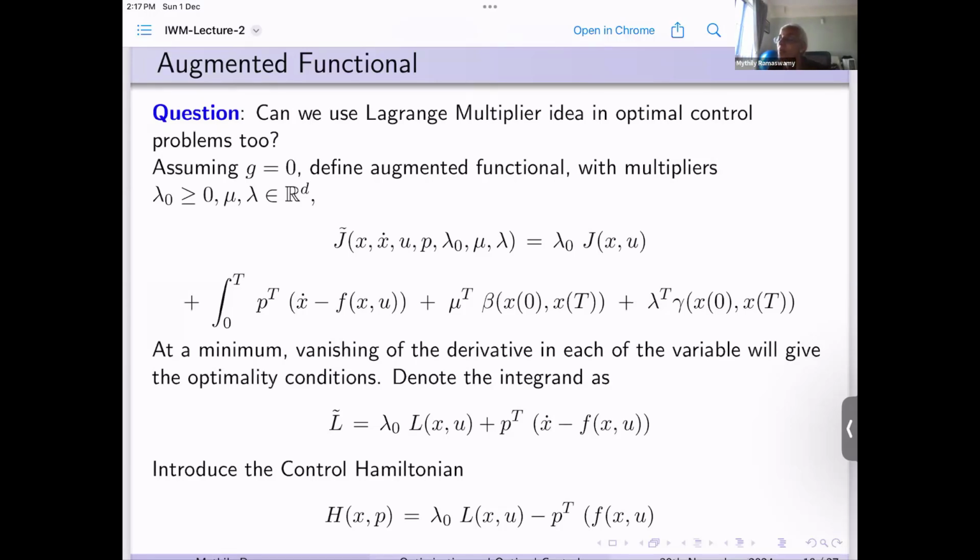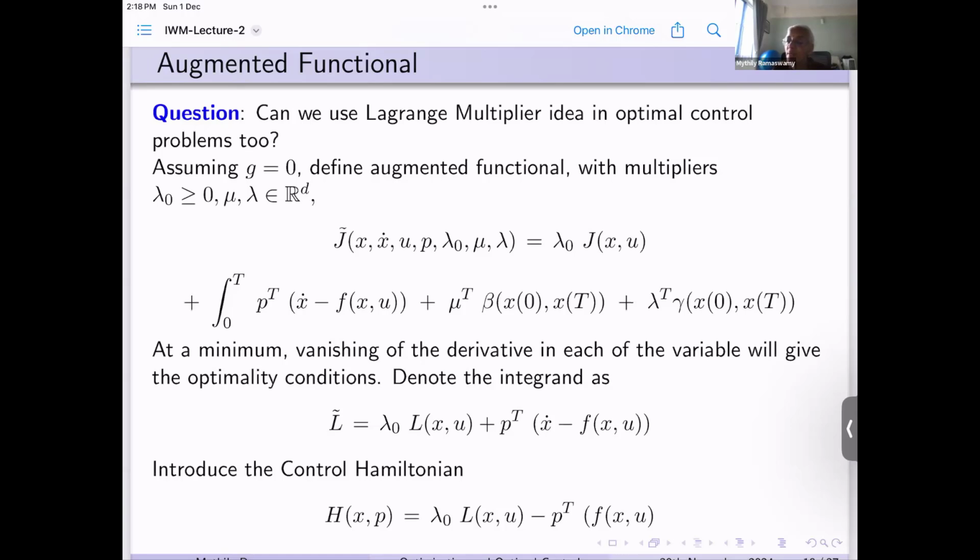And the first boundary condition, beta, is multiplied by mu, which will be an RD vector. And lambda is another RD vector. That's why I have put mu transpose. So what it means is the scalar product in RD, mu comma beta. And the next one is the scalar product in RD, lambda comma gamma.